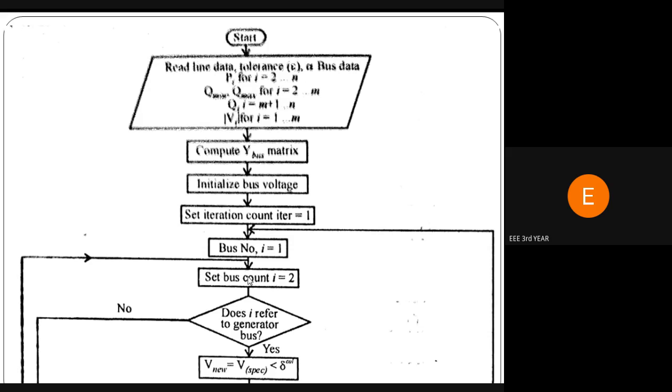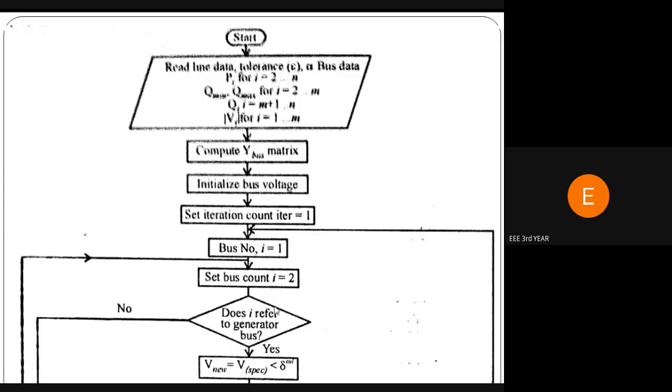Set the bus count i equal to 2, and we have to increase it by 1. If i refers to the generator bus, we have to do two things: V new is equal to V specified, with the phase angle calculated.